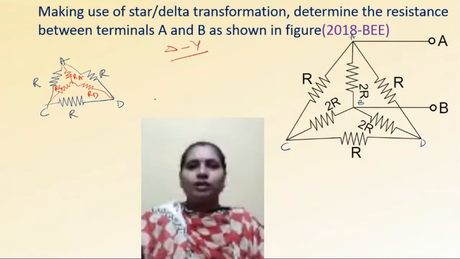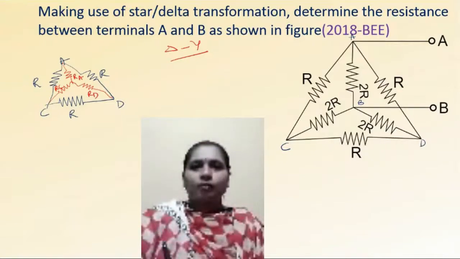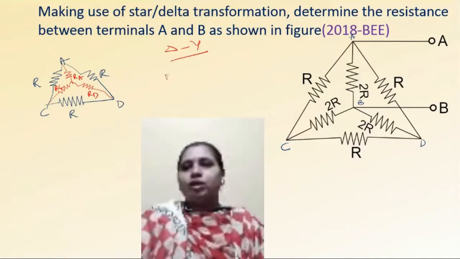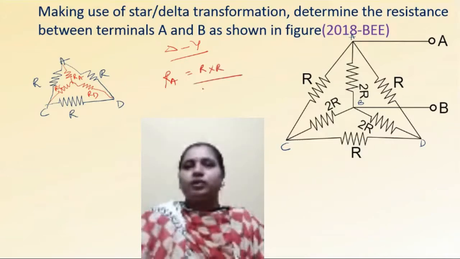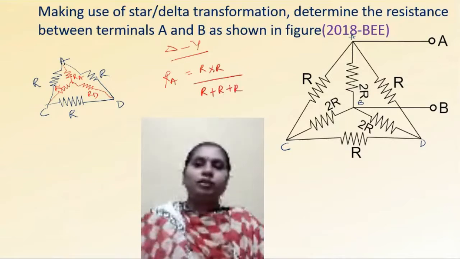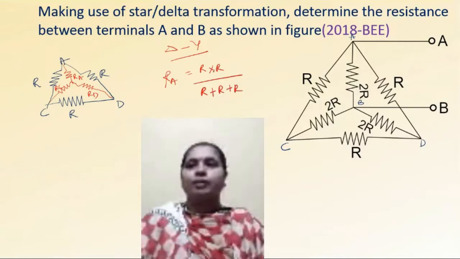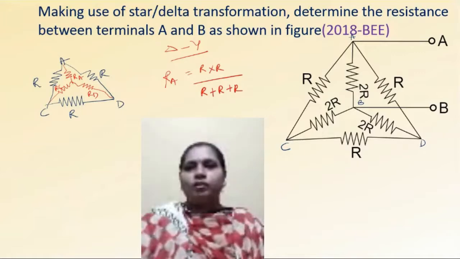How to convert a delta to star? At a particular point, for RA, A is the point. At this point, what are the two resistors connected? That is R and R, right? So RA is equal to R into R by R plus R plus R, that is the product of the resistors connected to that point divided by the summation of all the resistors.